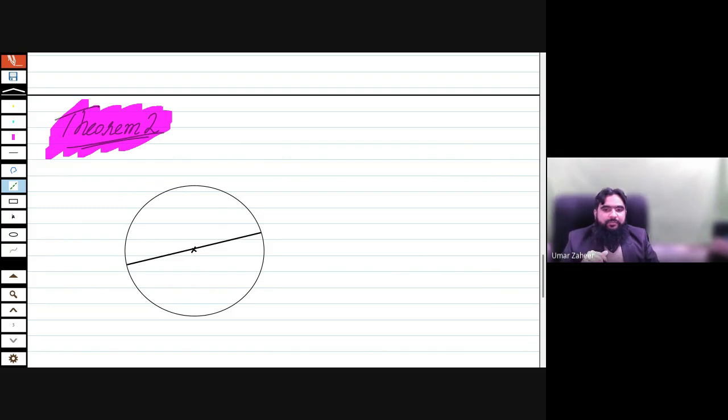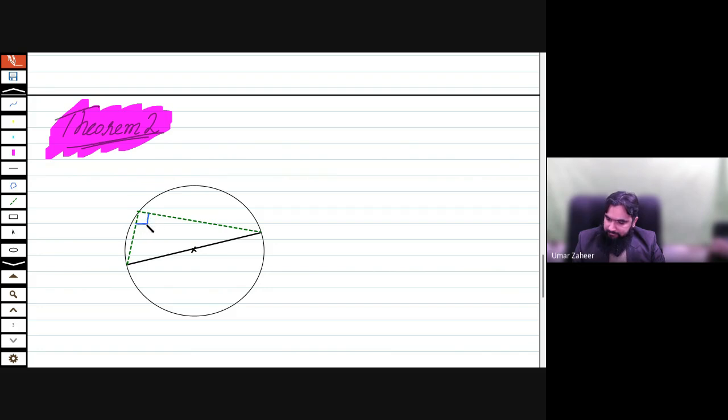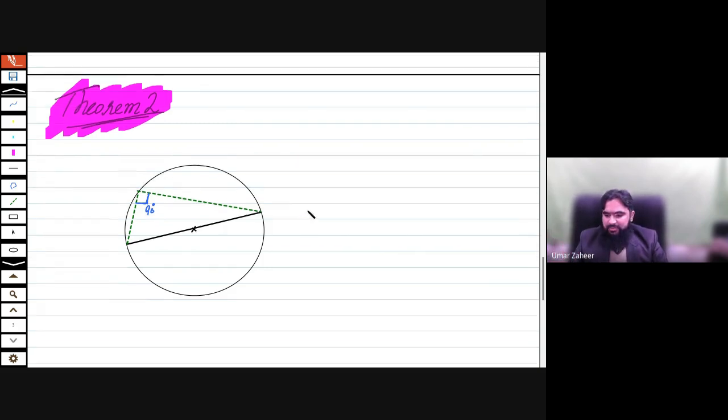The subtended angle from the diameter or from the semicircle is always equal to, does anyone know, 90 degrees. The subtended angle from the diameter on the circumference will always be equal to 90 degrees. It doesn't matter where you make it.